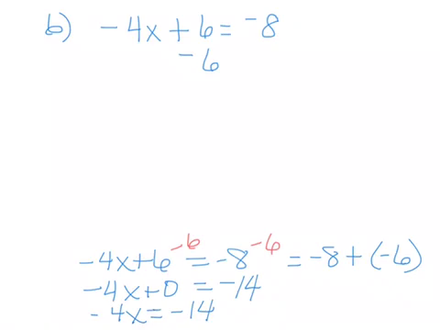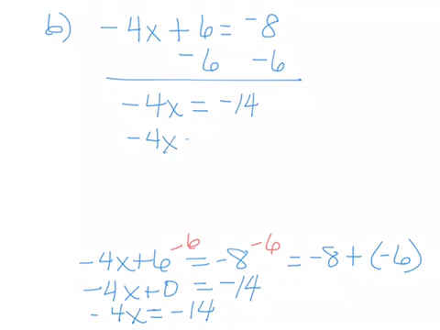So I'm going to go back up here. If I subtract 6 from both sides, I have negative 4x. 6 is added out, so I'll only have a negative 4x on the left side, and negative 8 minus 6, so negative 14. Still don't have x by itself. It's multiplied by negative 4, so to undo multiplication, you divide.